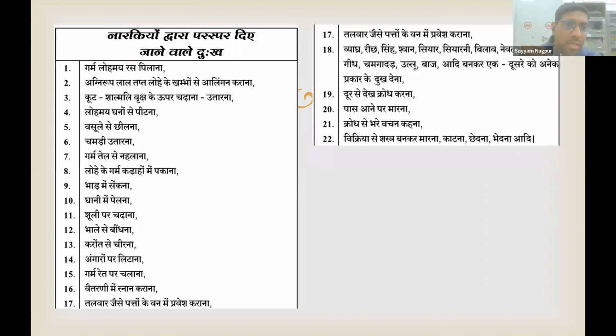Okay. The first one is Garm Lohamaya Rasa Pilana. It means to make them drink a very hot, iron hot drink, like liquor, like alcohol. When you drink it, it's very intense in taste.